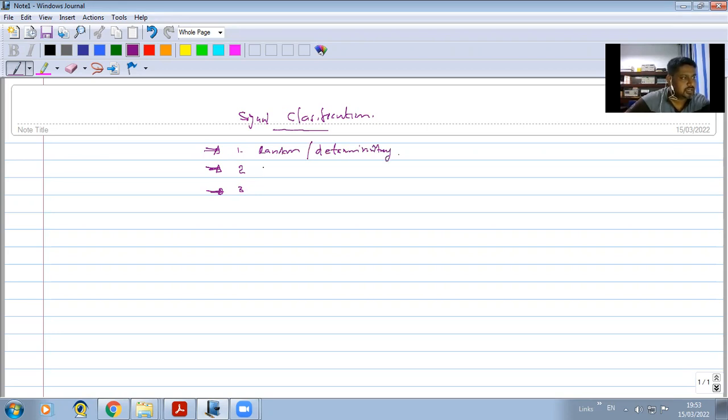And continuous and discrete signal, another classification. And periodic and non-periodic signal. So basically, we have learned about these three types of signals.